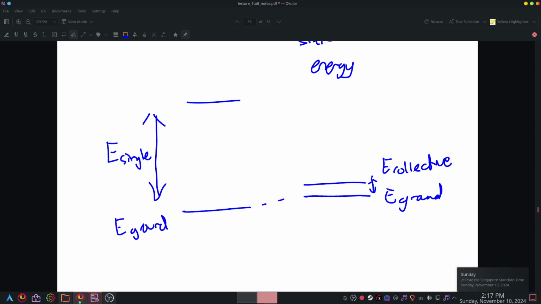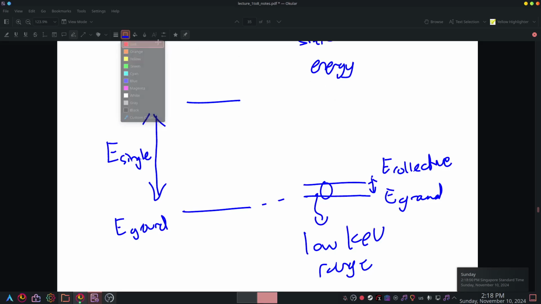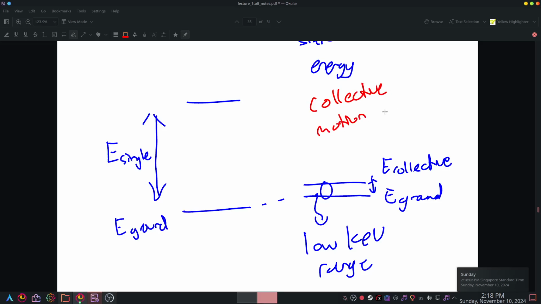They can be keV as well. These gamma rays are usually in the low keV range. This collective motion is usually for large nuclei.